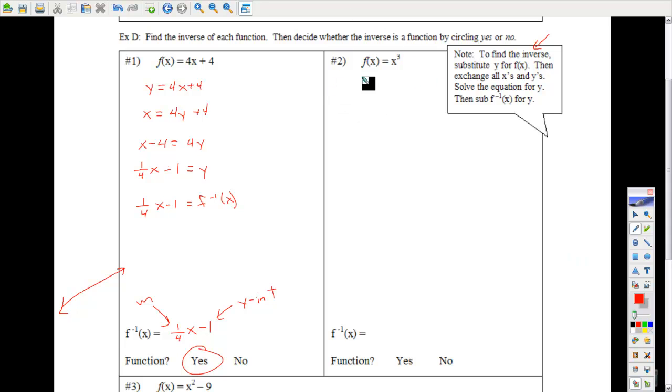Number 2, same thing as number 1. Replace f of x with y. Interchange x and y. Get y by itself. Opposite of cubing is cube rooting. This is an odd root. You do not do plus or minus. Replace y with f inverse.